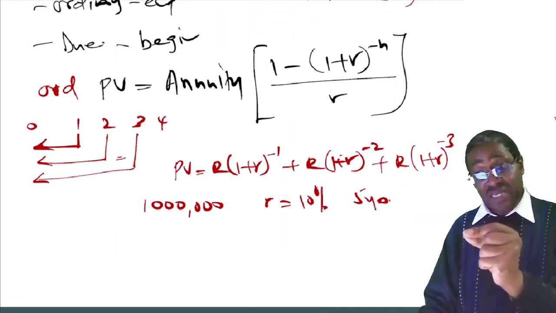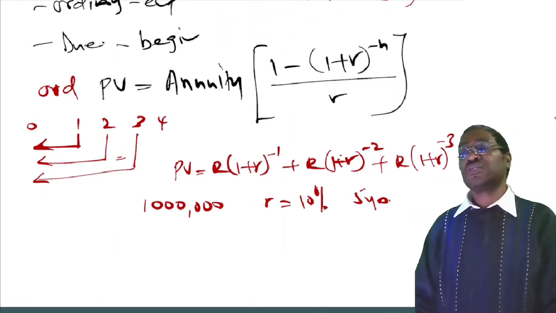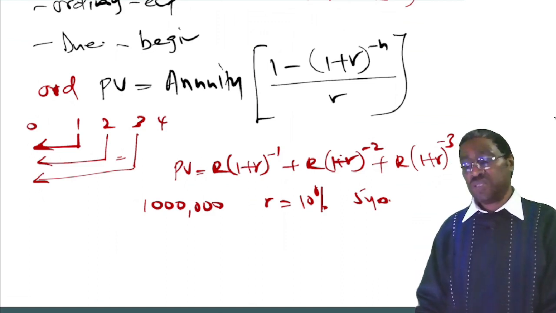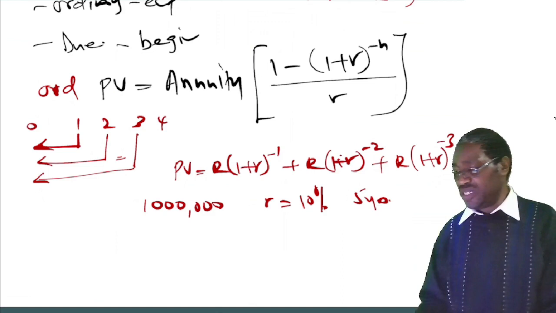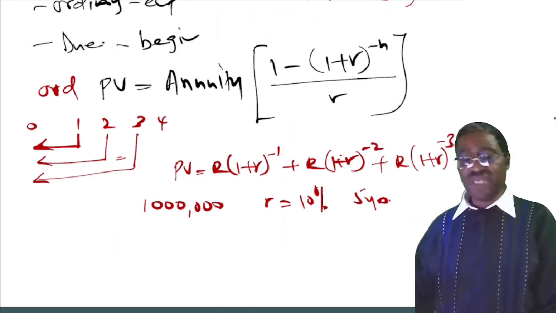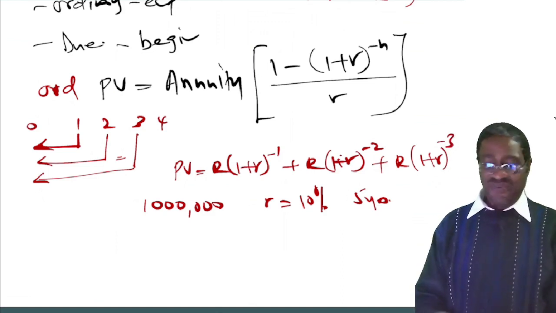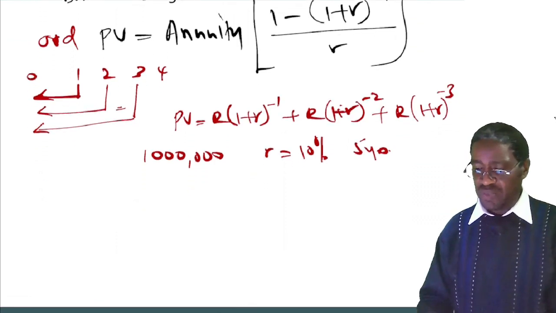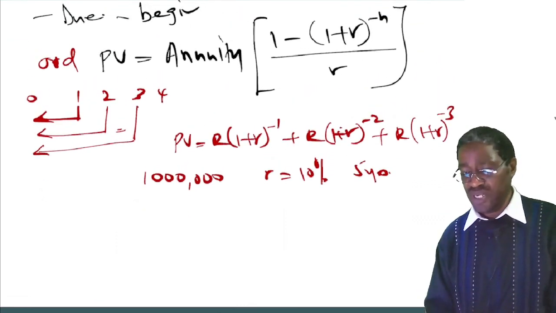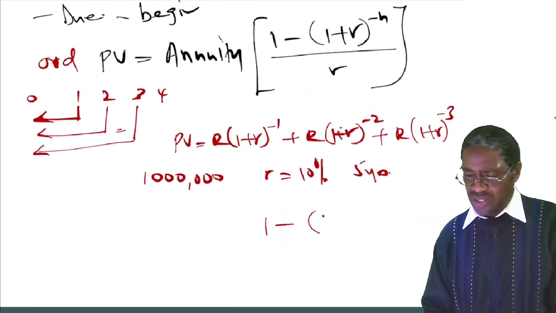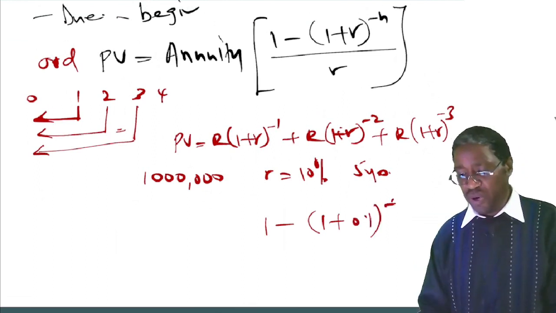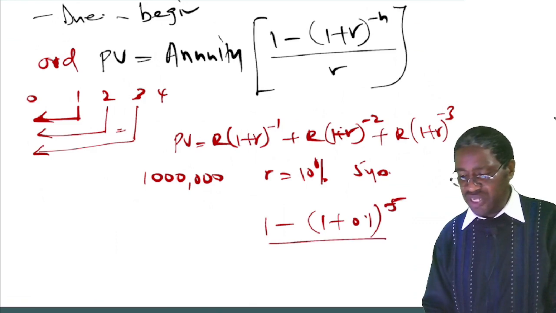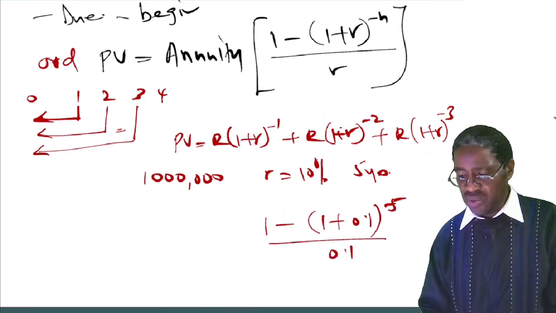So I'll take this formula. Let me get the discounting factor. If I take this formula, let me put it, now we see together. It will be 1 minus (1 plus 0.1, which is 10%) to the power of negative 5, and everything you divide that by 0.1.